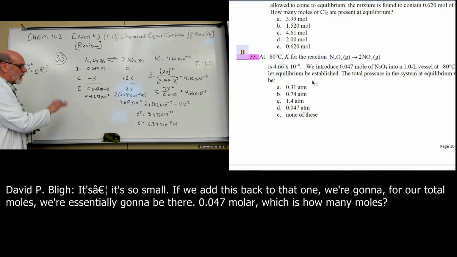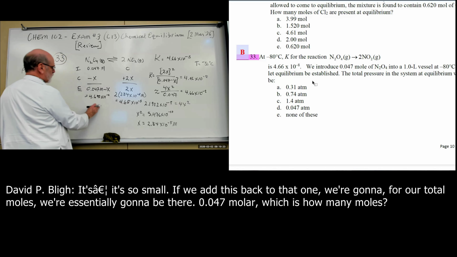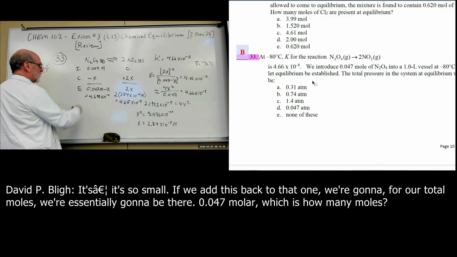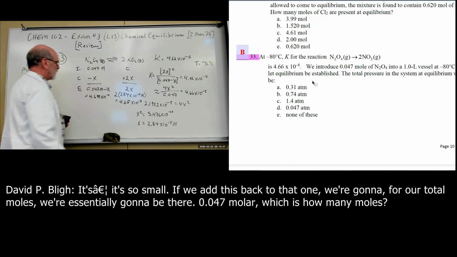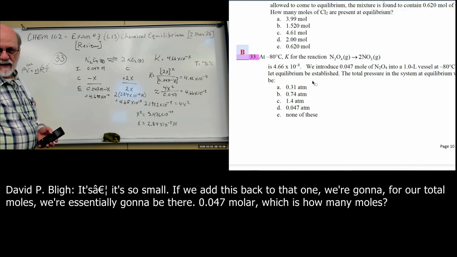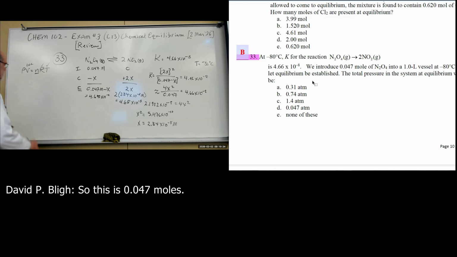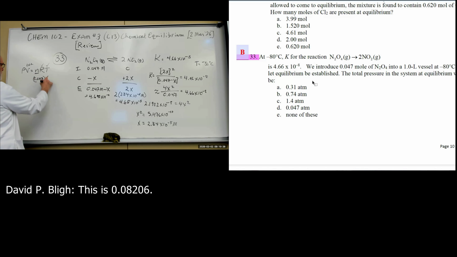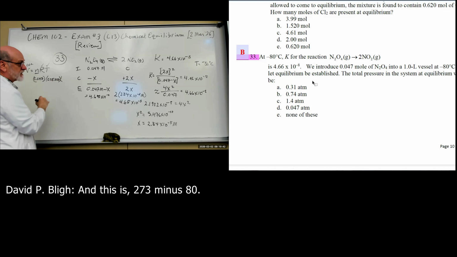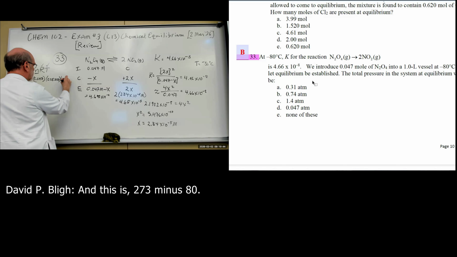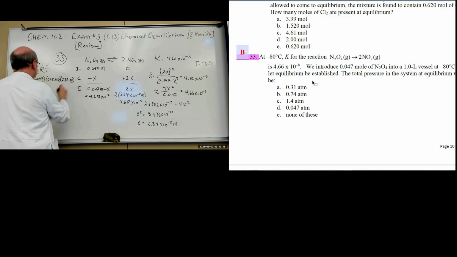It's so small. If we add this back to that one, for our total moles, we're essentially going to be at 0.047 molar, which is how many moles? 0.047 moles. So this is 0.047 moles. This is 0.08206. And this is 273 minus 80.